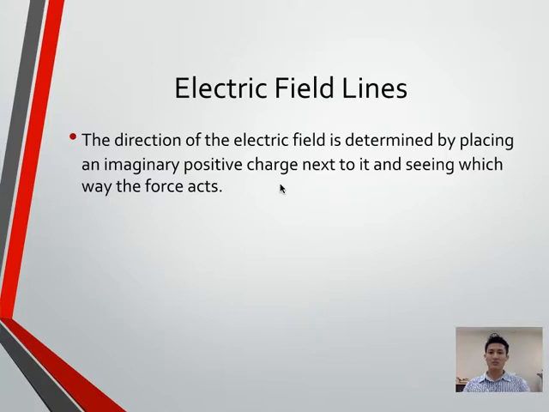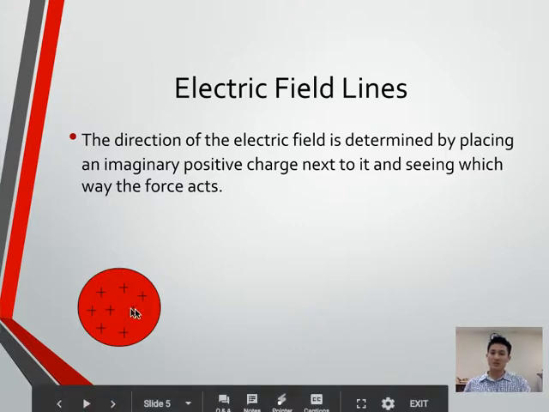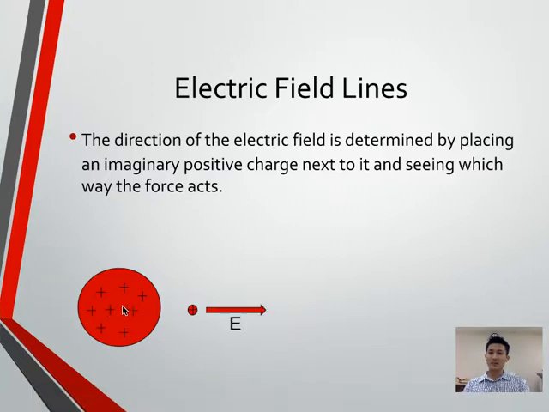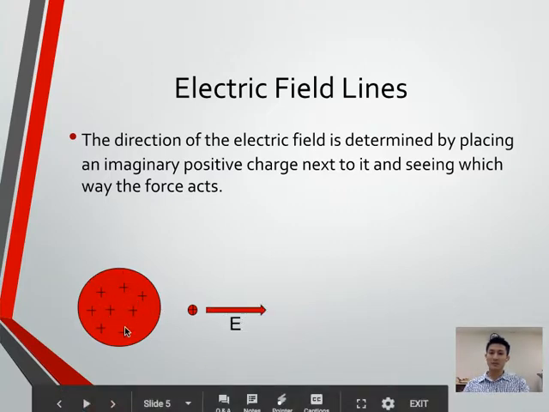If that positive charge is repelled, that means we have some kind of positive electric field, and if it gets attracted, that means we have a negative electric field. Let's say we didn't know the charge of this red area here. It's positive because I put positives there, but let's say you didn't know. If we put a test charge there and it got repelled, moving away from that electric field, we know there's a positive electric field there.